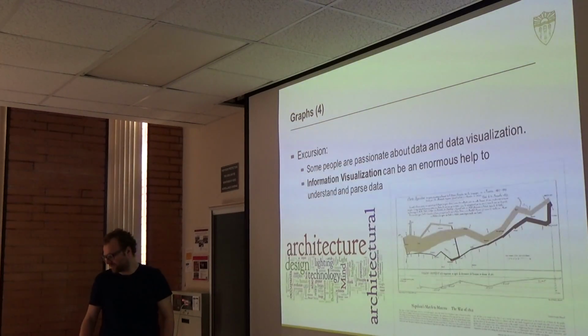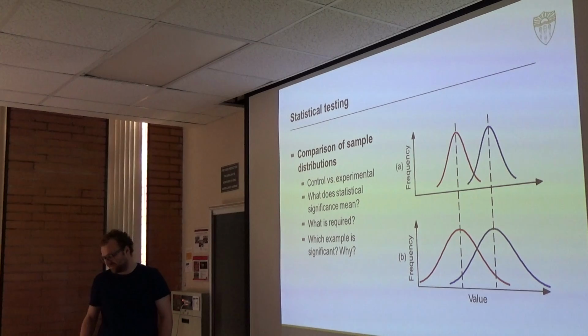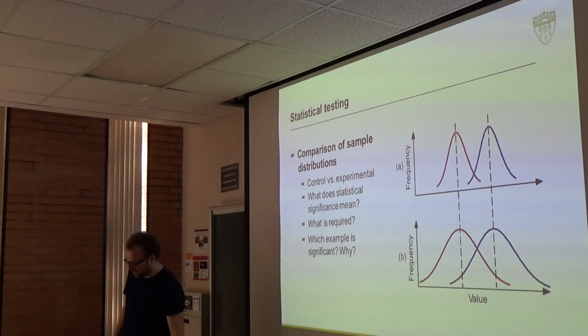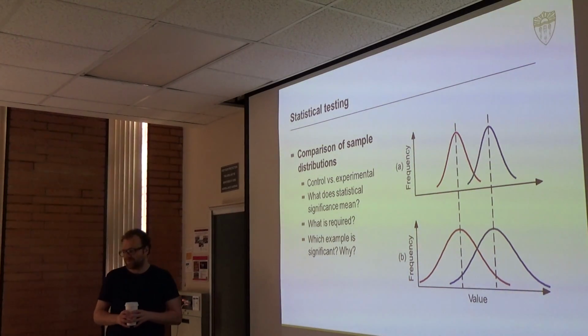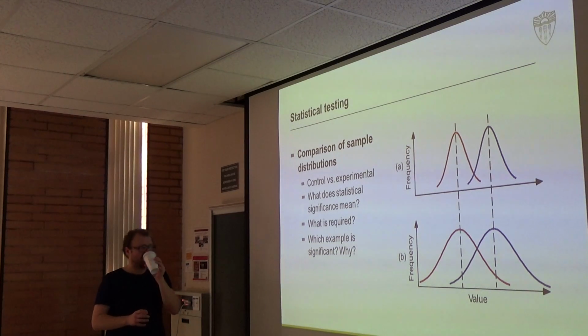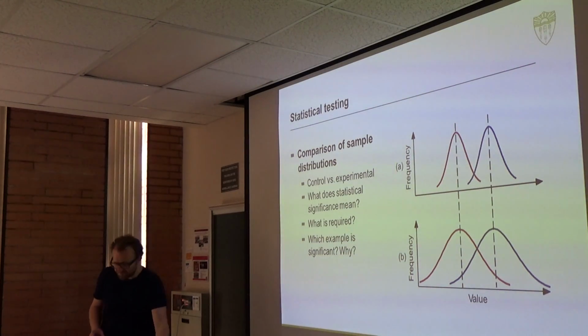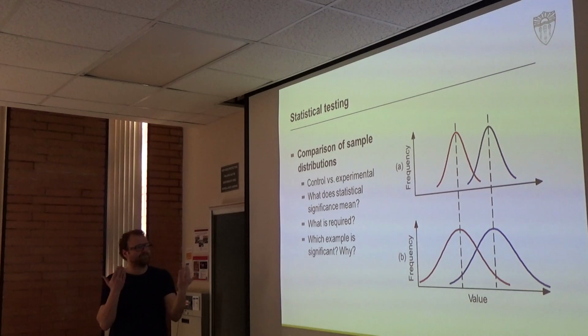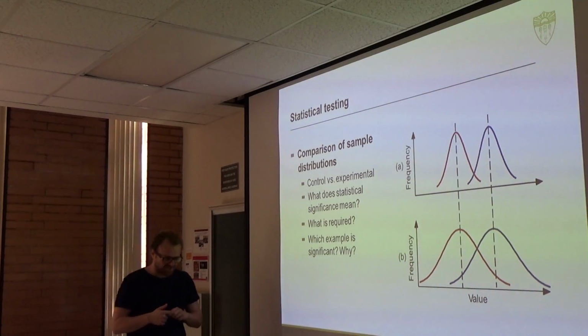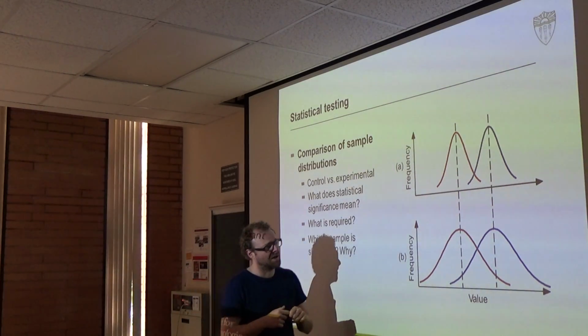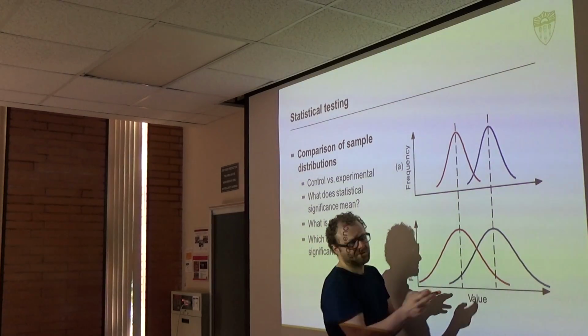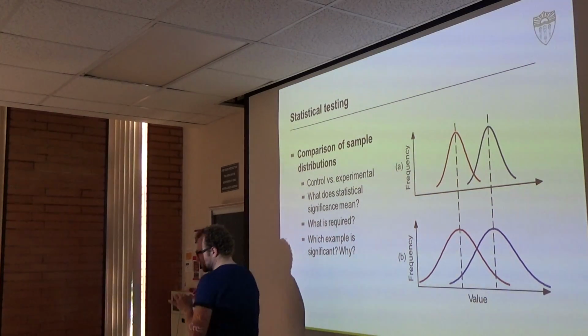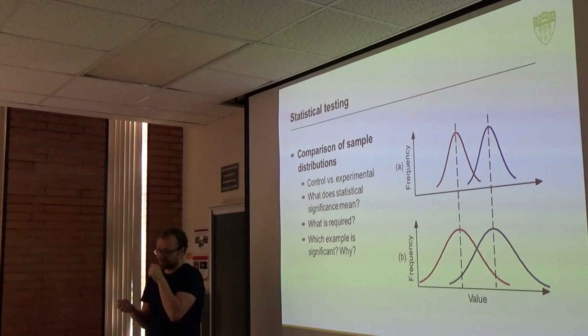Yes? Okay. Then we talked about statistical evaluation, and I think this is the most important part of the lecture that we had last week. We want to compare two distributions, and just because the mean values of the outcomes are different doesn't mean that there is a significant difference between the two.